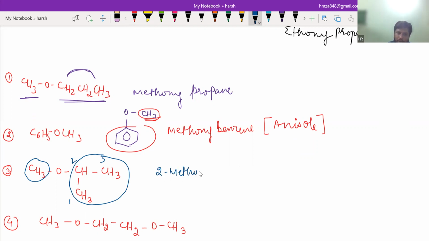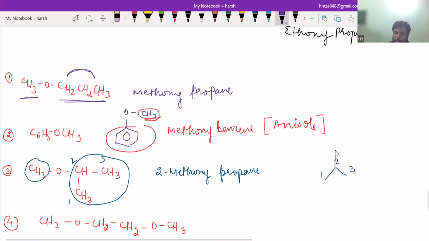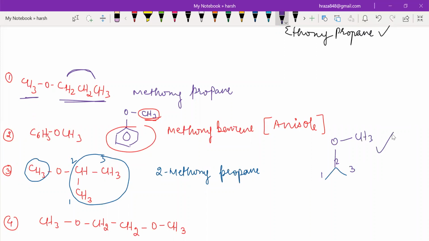So 2-methoxypropane. Propane means 3 carbons, and on the second carbon we have the methoxy group, that means OCH3. Are you getting my point? Very important question. Be careful with this. And the next question is also very important.